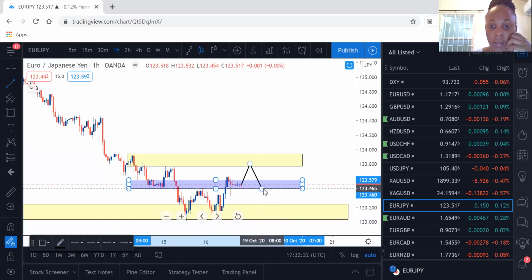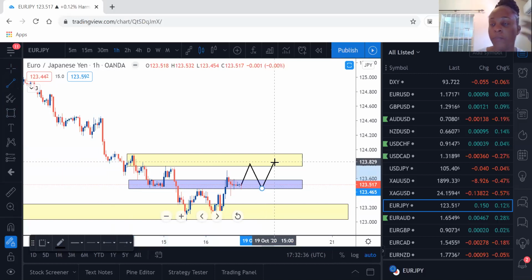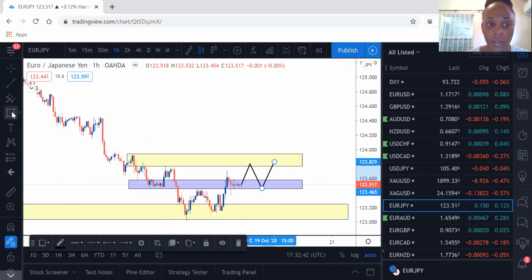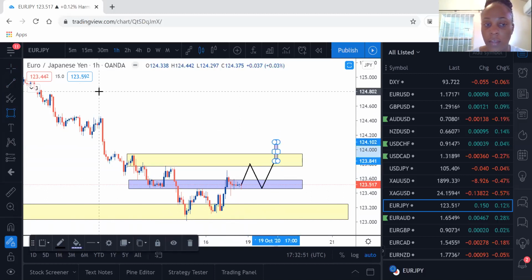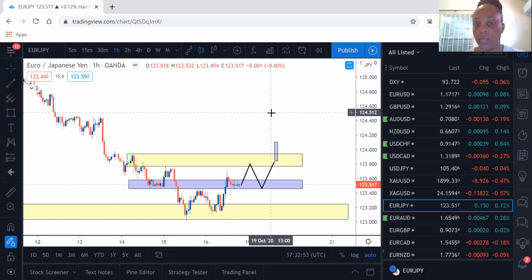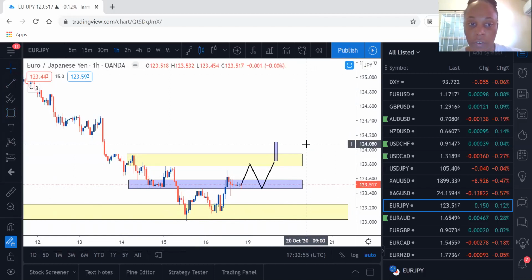And from there, I'm looking to get into a buy, and my buy could be back up to my neckline. Advanced trader or beginner trader, you can wait for all of this to complete and you get a solid breaking candle of your neckline zone. And then you enter your trade for your buy.